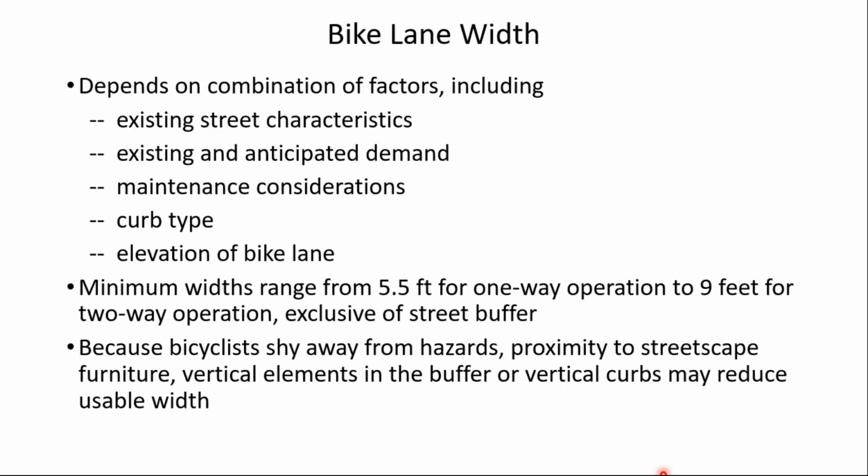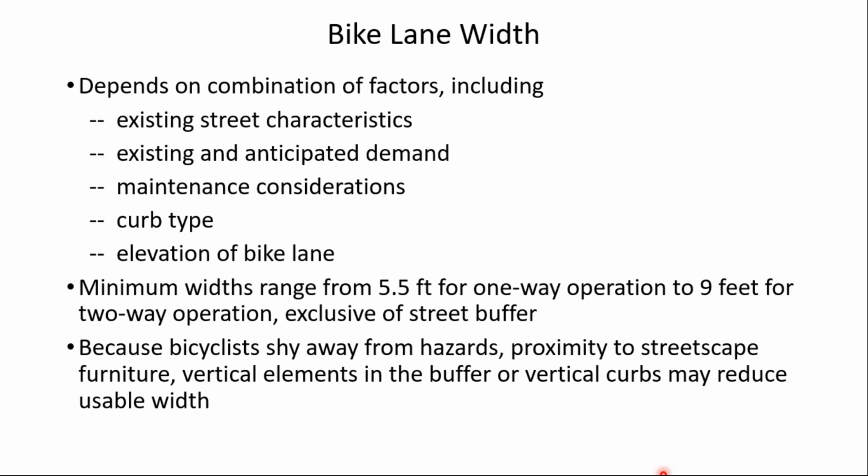Bike lane width depends on a number of factors, including street characteristics, the demand, maintenance again, type of curb, and also the elevation of the bike lane, which we'll talk about. Minimum widths range from about 5.5 feet for one-way operation to 9 feet for two-way operation, and that's exclusive of the street buffer.